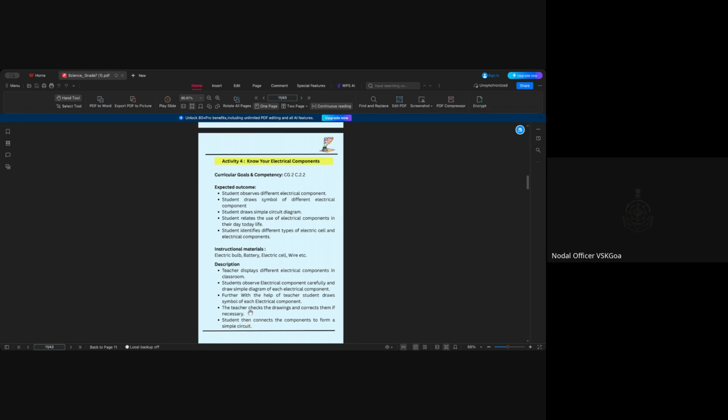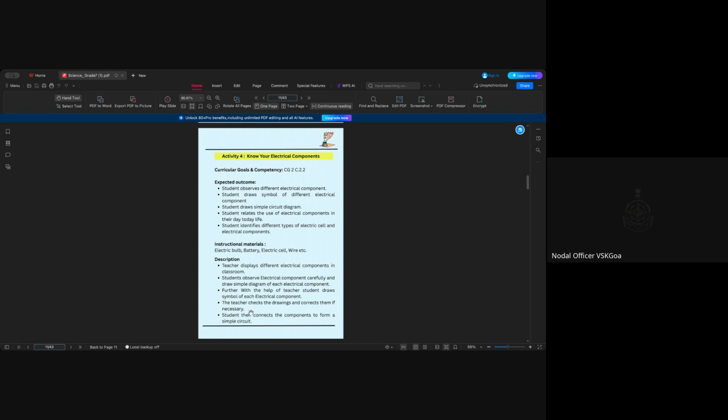So that is basically the idea. We are slowly growing this particular concept. First we show them a component, then they draw that component, and after that they draw a symbol. And after drawing the symbols, they try to draw a simple circuit using the component symbols.